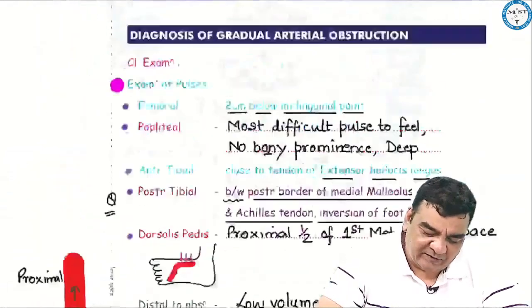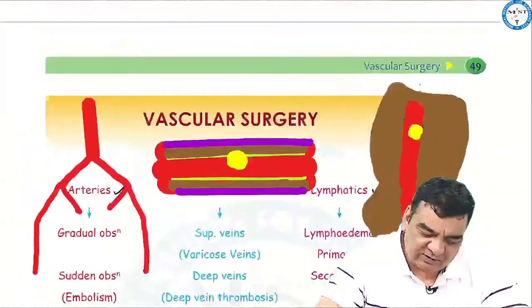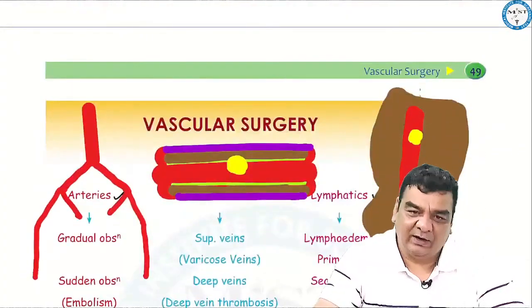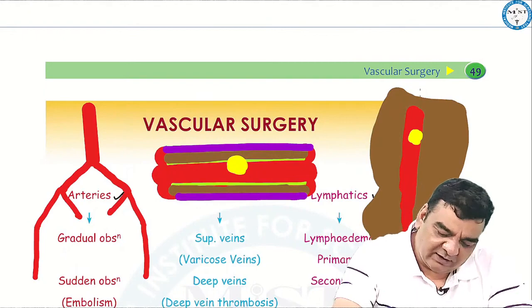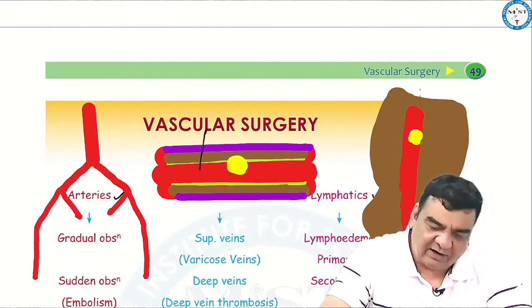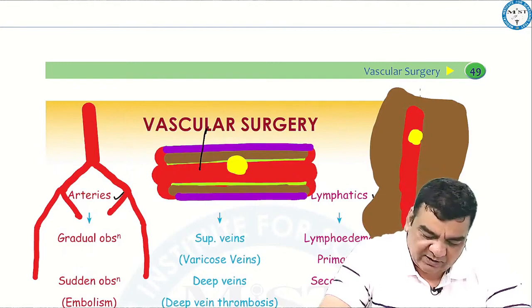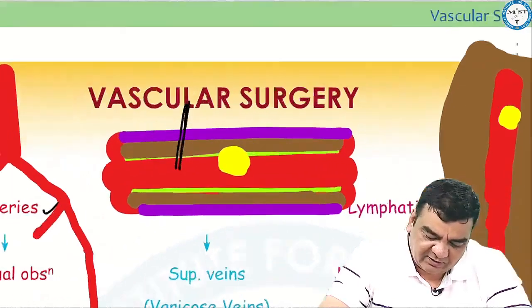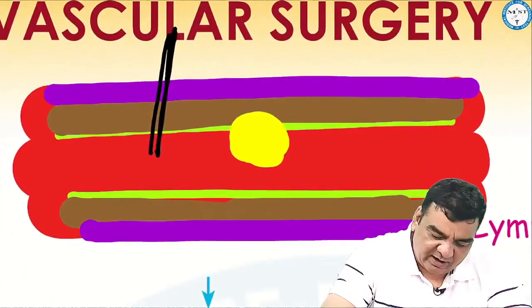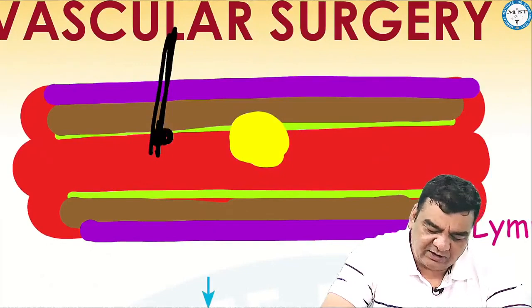For example, if I try to demonstrate here, beta, suppose you have got a needle in your hand and you are making a puncture in the artery. You can appreciate that you are actually causing injury here.